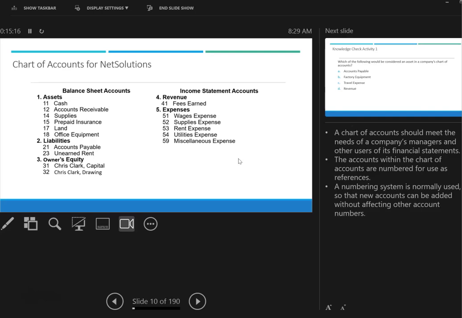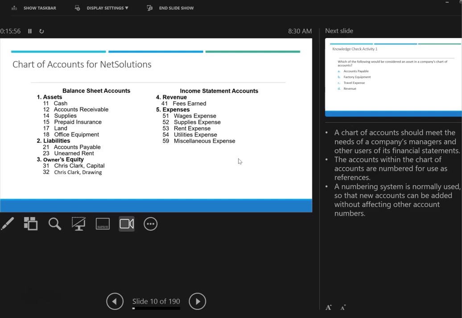In this case, Net Solutions must have a building that it leases, and whoever is leasing the building gave them a year's worth of rent up front. But until the month goes by, that rent isn't earned. Due to the passage of time, rent is earned. Does that make sense, what I'm trying to tell you? So that other liability that doesn't have the word payable is called unearned rent, unearned revenue.